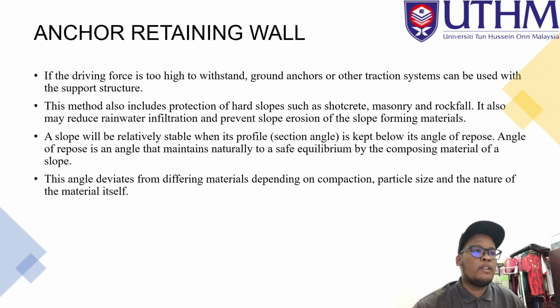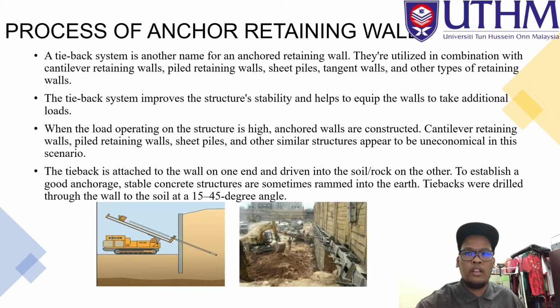A slope will be relatively stable when its profile angle is kept below its angle of repose. The angle of repose is the angle at which the composing material of a slope maintains a safe equilibrium. The angle differs between materials depending on compaction, particle size, and the nature of the material itself.